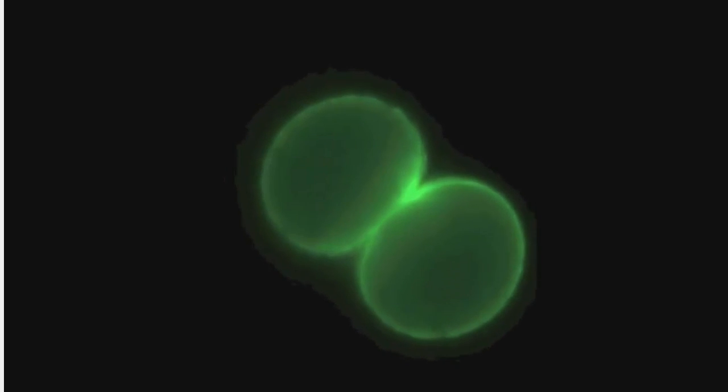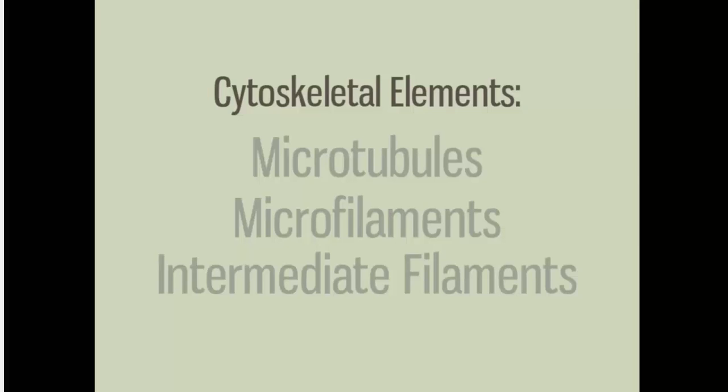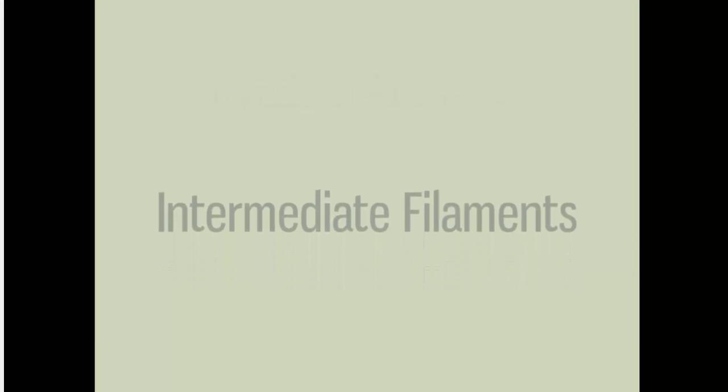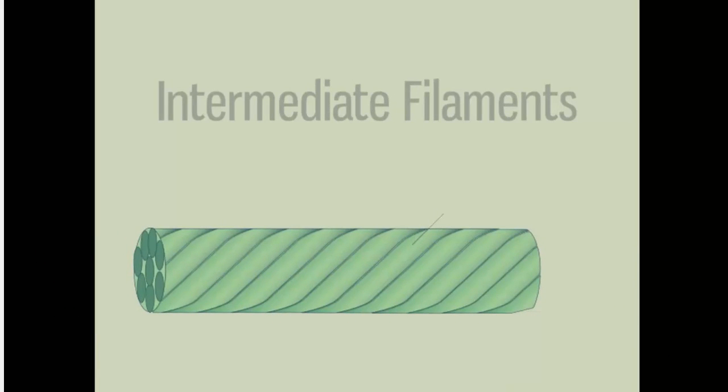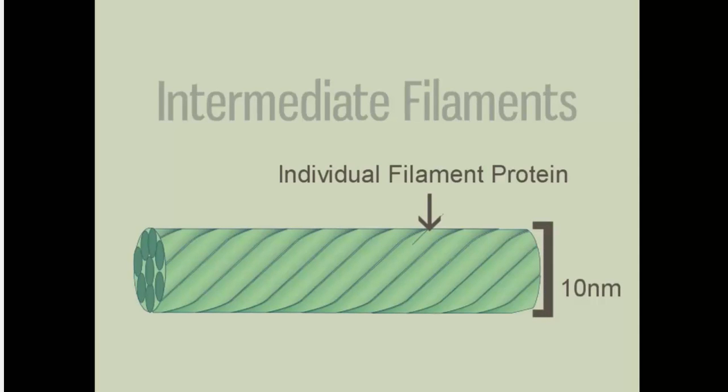The last group of cytoskeletal elements are called intermediate filaments, and unlike the others, they are not defined by their composition of a single monomer, because there are many kinds of intermediate filament proteins. Intermediate filaments are defined by their size, which is, you guessed it, intermediate. The average diameter of intermediate filaments is 10 nanometers, but that varies based on what type of protein they are composed of.